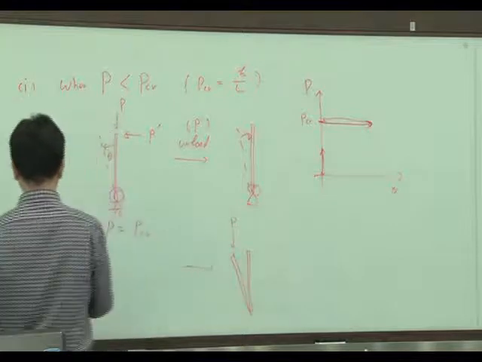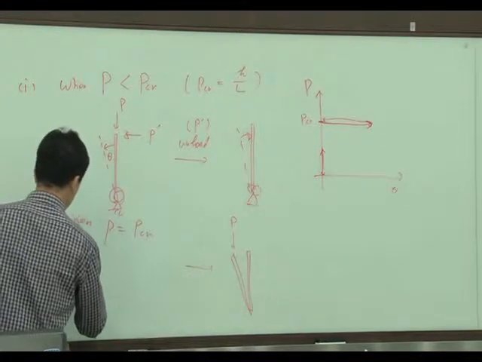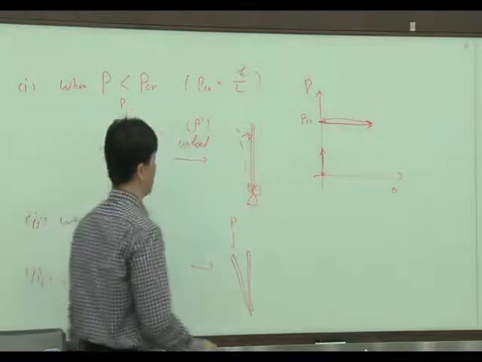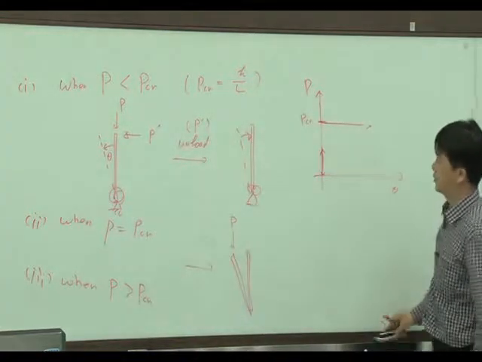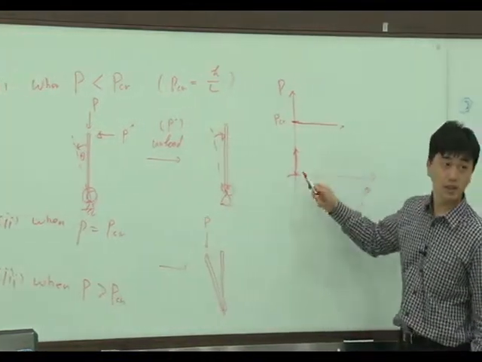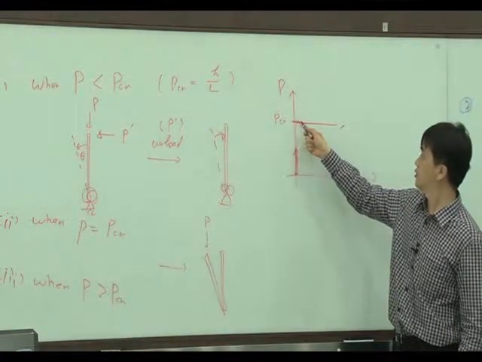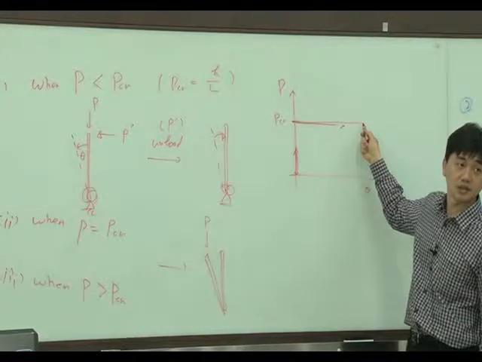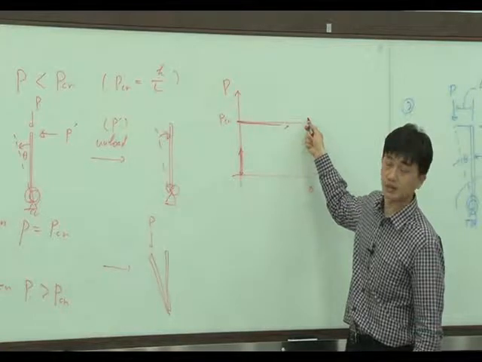And the third case, P is bigger than PCR. If we give a perturbing load, then it will rotate with an undetermined rate.